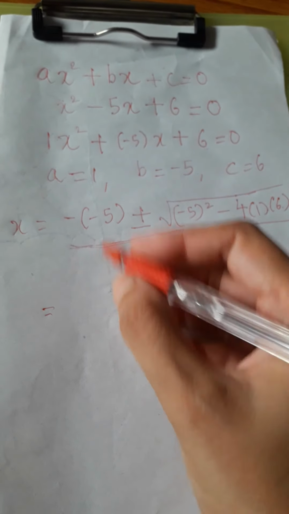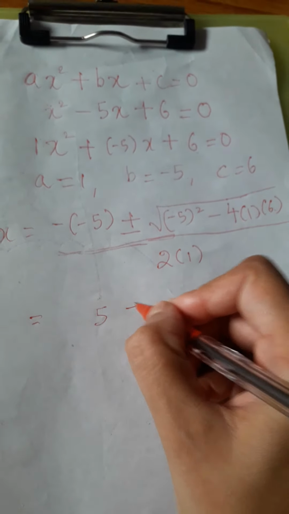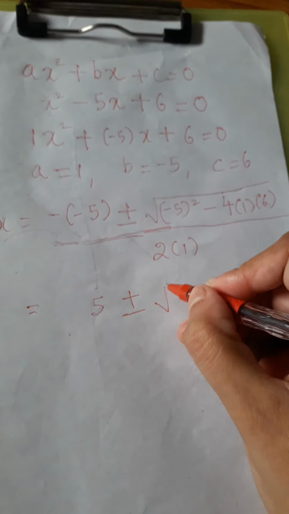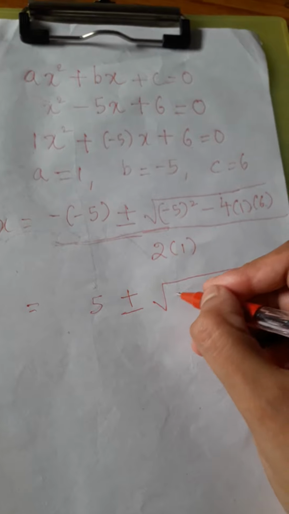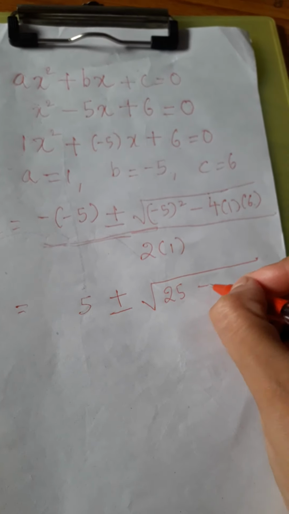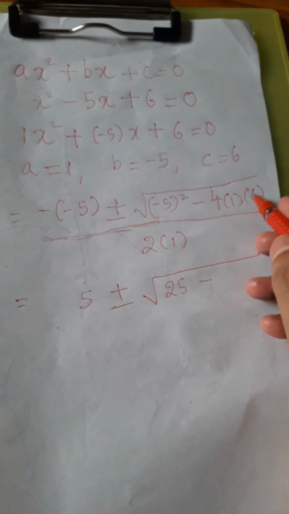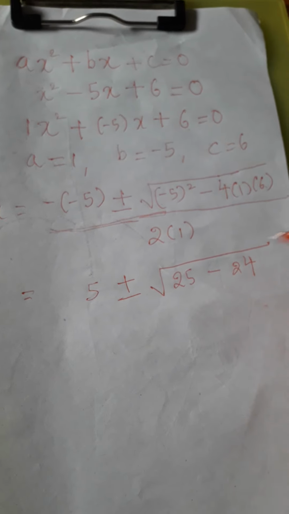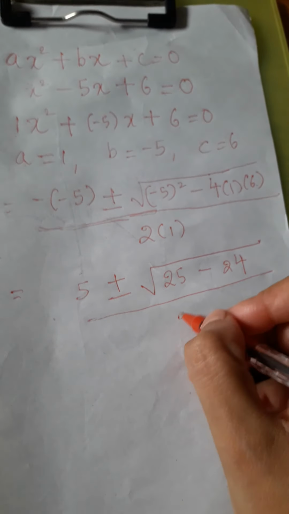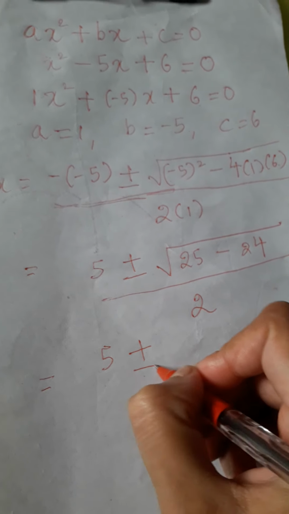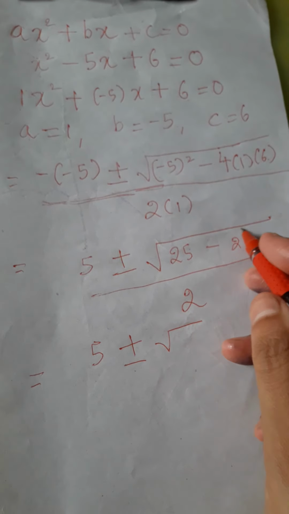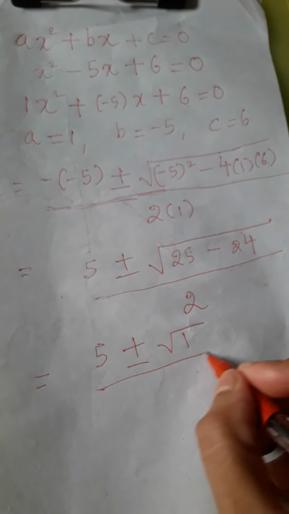Minus of minus is plus, so it becomes 5, plus or minus. Now when I square something, the negative goes away, right? Minus 5 into minus 5 is plus 25. Minus 4 into 6 is 24. The whole thing divided by 2. Okay, and now we have 5 plus or minus root of 25 minus 24, which is 1, by 2.